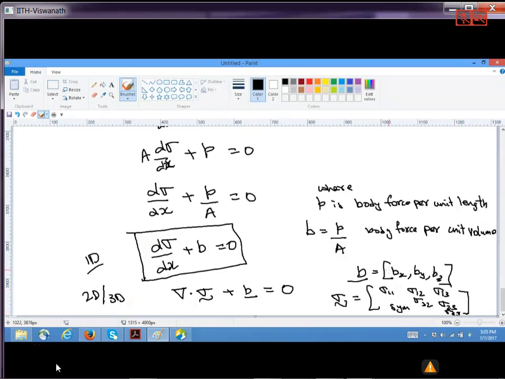So this completes the 1D, 2D, 3D. It is the generic way of writing it.